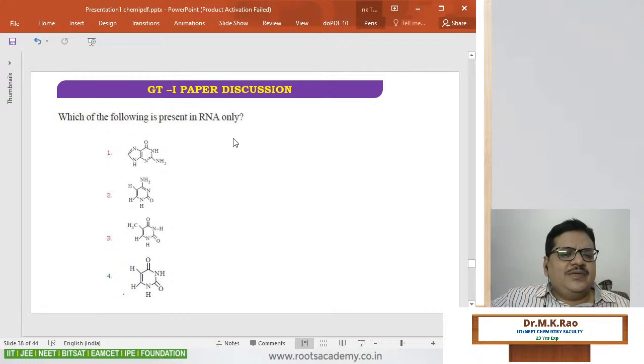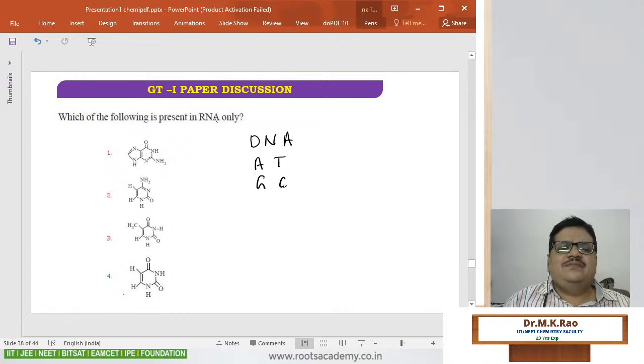Which of the following is present in RNA only? See, in DNA we have adenine, thymine, guanine, and cytosine. Instead of thymine, uracil is present in RNA. It should be option C.